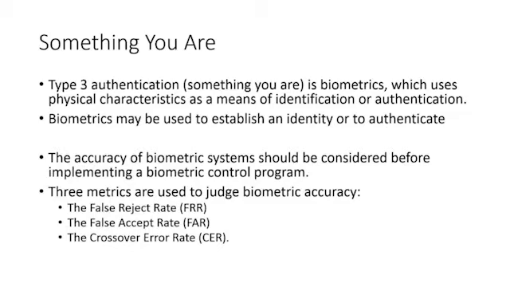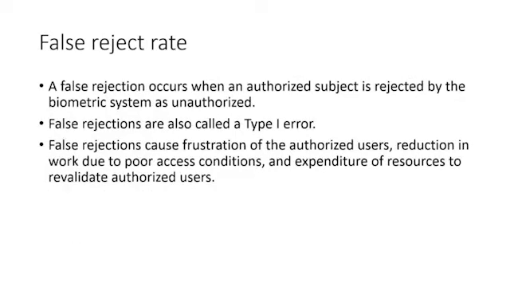What if you have a sore throat that day? What if you're hoarse? You've been talking a lot. What if you got laryngitis and you can't talk at all? Well, I guess you can't go to work. It might be a good thing. I don't know. So there are metrics used to judge this accuracy that I'm talking about: a false rejection rate, a false acceptance rate, and the crossover error rate. So let's take a look at these a little closer.